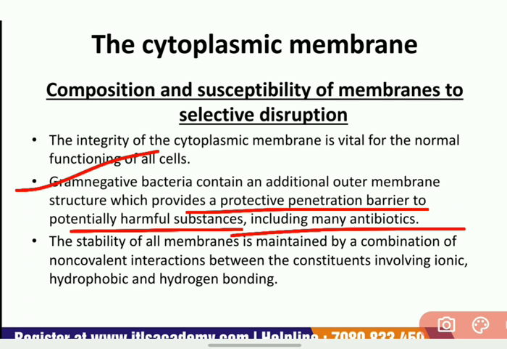The outer membrane has an unusual asymmetric structure in which phospholipids occupy the inner face and the lipopolysaccharides occupy the outer face. The outer membrane is attached to the peptidoglycan by proteins and lipoproteins.